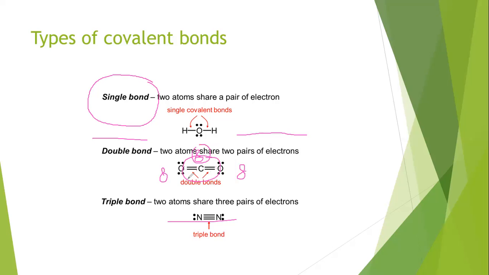Now count for this oxygen atom: 1, 2, 3, 4, 5, 6, 7, 8. Now this oxygen also has 8 electrons. Count for the other oxygen atom: 1, 2, 3, 4, 5, 6, 7, 8. By sharing, all 3 atoms are completing their octet.